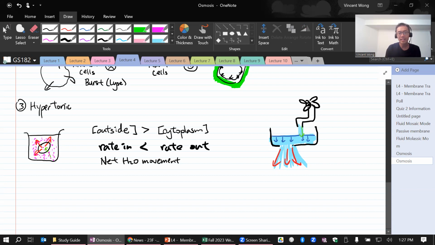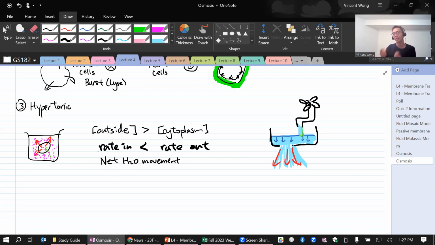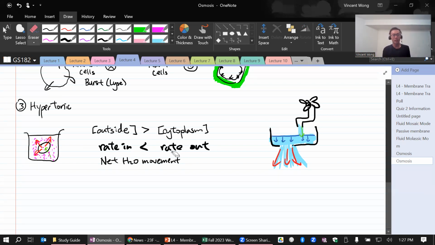Net means in total, like your net income, right? You take the money you make and subtract the money that you spend. So here, net water movement, you subtract the two, is going to be out of the cell. And cell volume decreases.